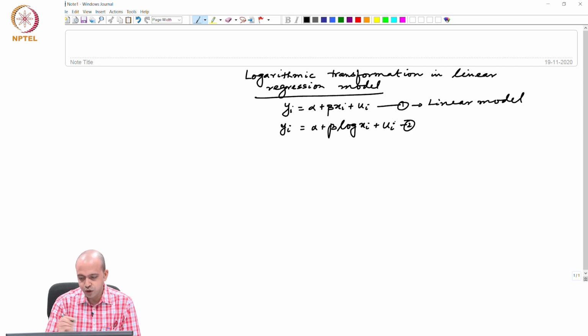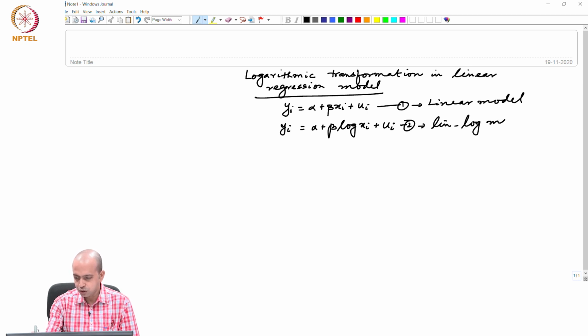This is model 2, where we have transformed only x into log, and it is called Lin-log model. That means your left hand side is linear, on the right hand side you have transformed x into log, that is why it is called Lin-log model.